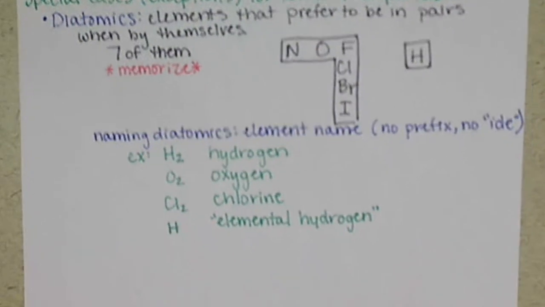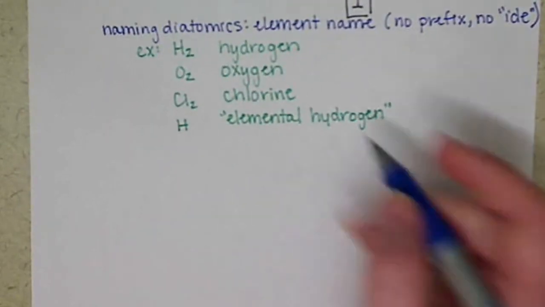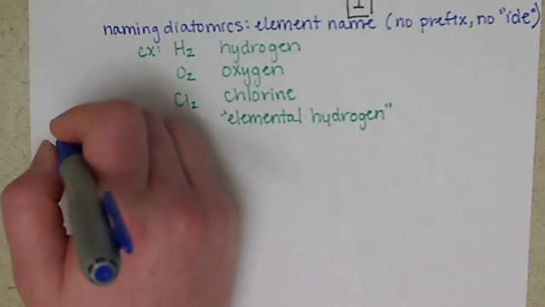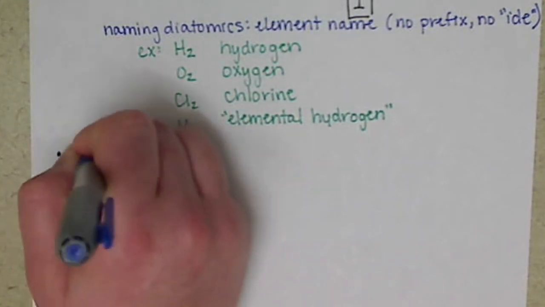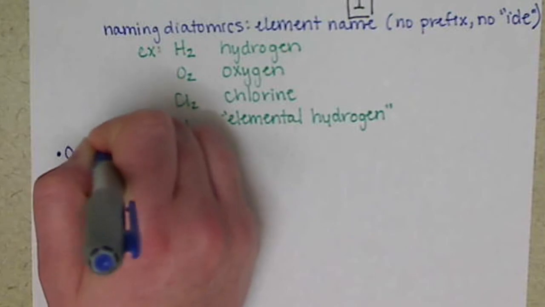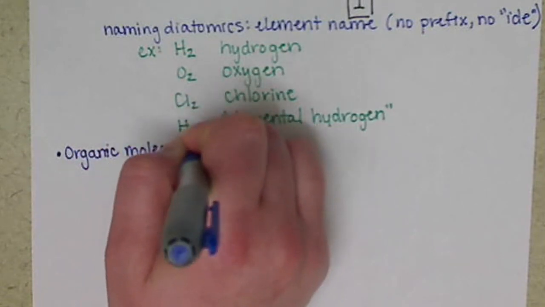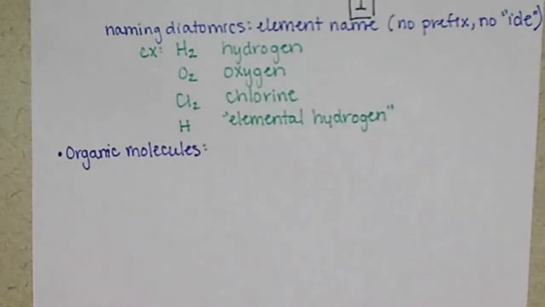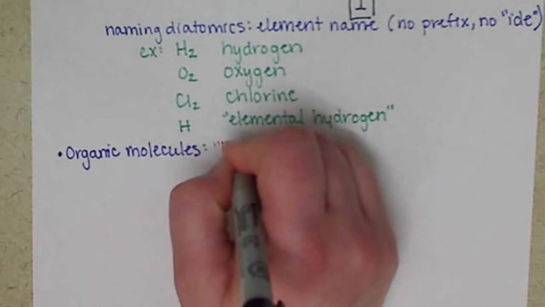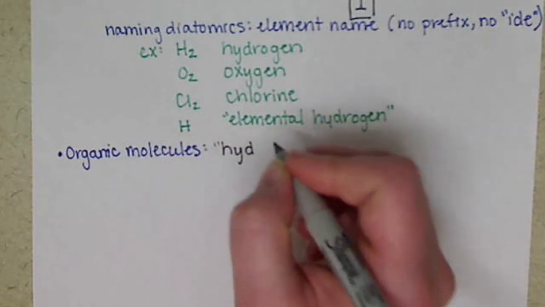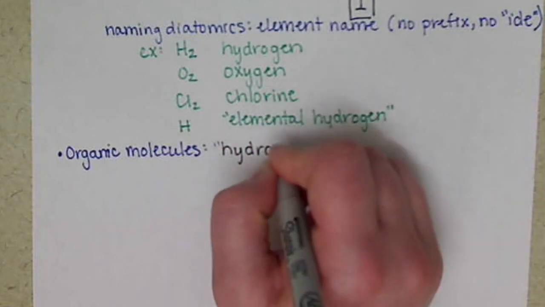The other special cases that we have for covalent compounds are the organic molecules. These are molecules that we call hydrocarbons, and that's because they're going to contain hydrogen and carbon.